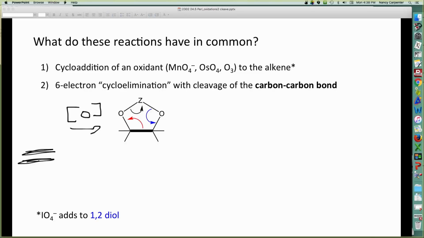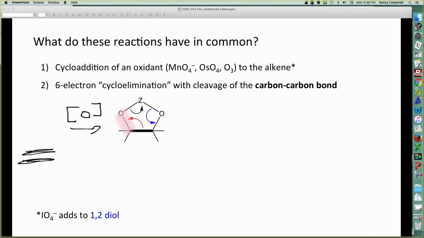Now, what happens to that intermediate is it falls apart, and it falls apart in what's called a cycloelimination. Now, pay really close attention to these arrows. That red arrow right there is telling you I am making a carbon-oxygen double bond there. And if I slap up that bold set of sigma electrons, then something's got to give, and that's where the ZO bond breaks.